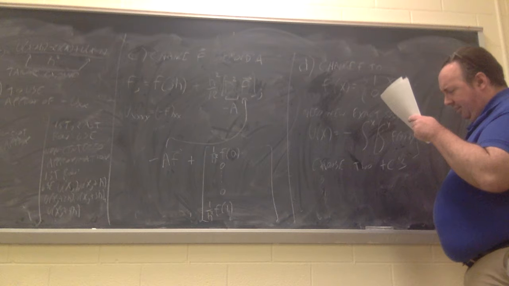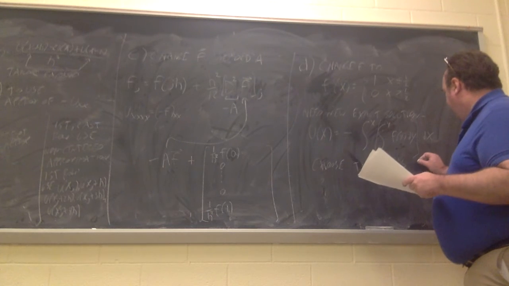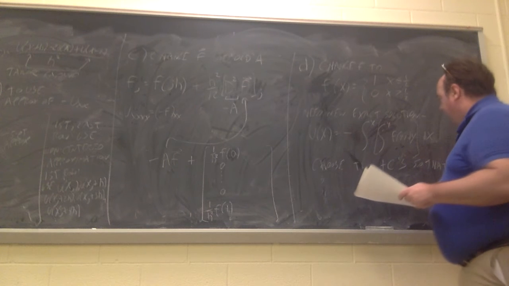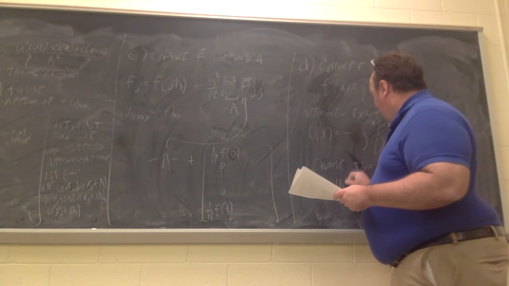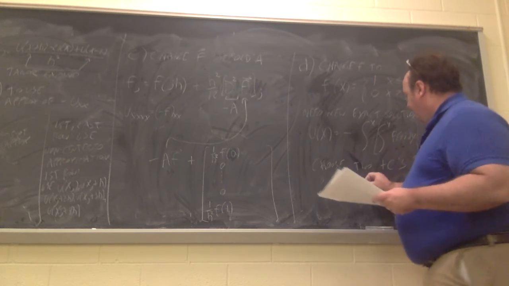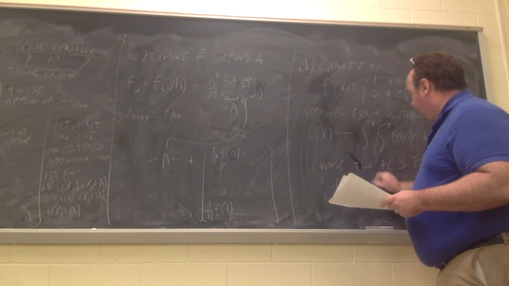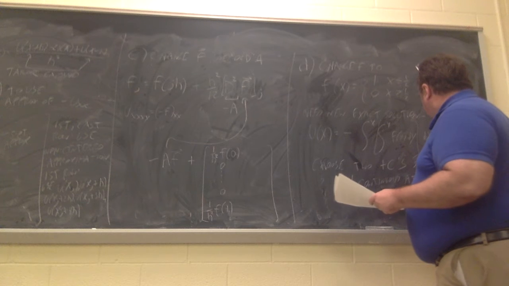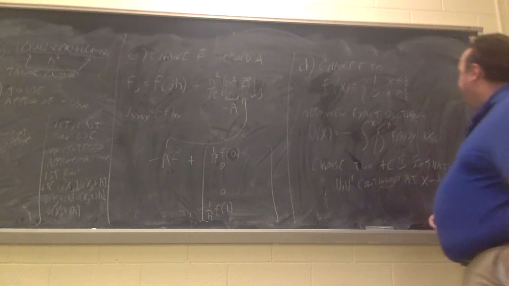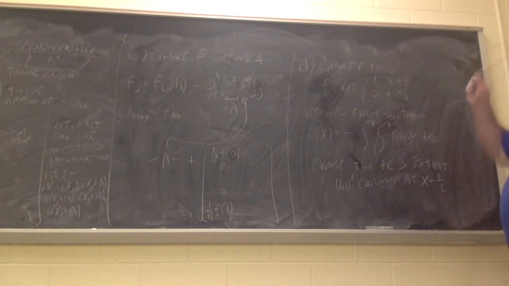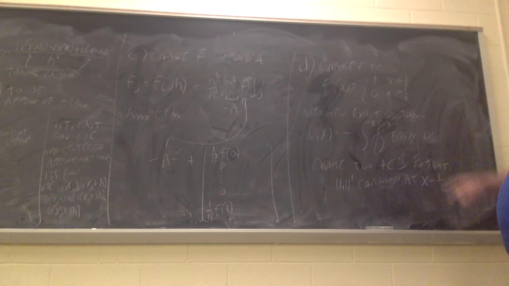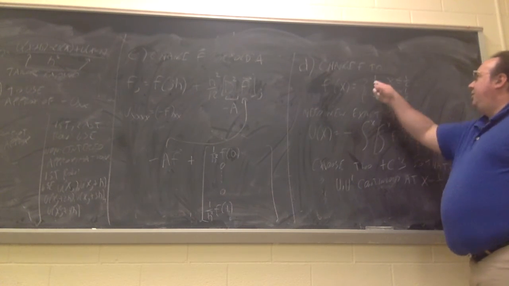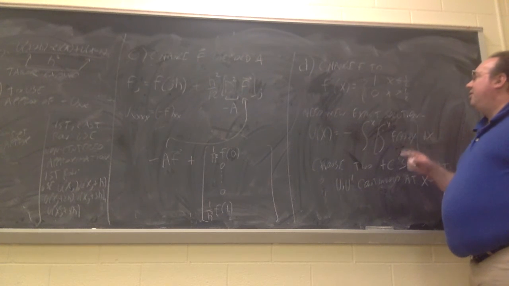This is weird, because you need to meet these conditions. u and u prime are continuous at 1/2. So for instance, you integrate this and you get x plus a constant.